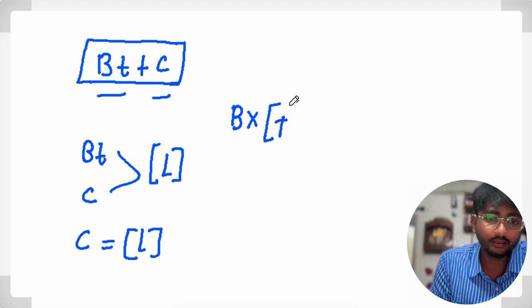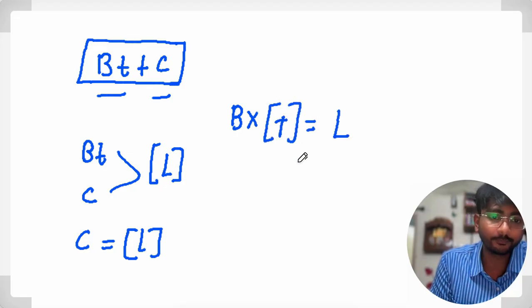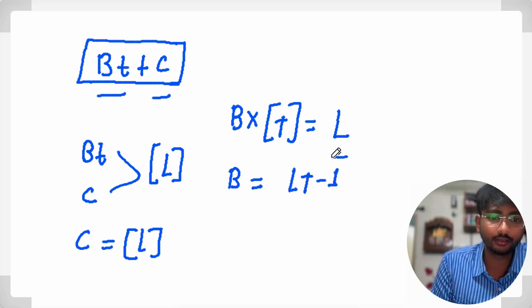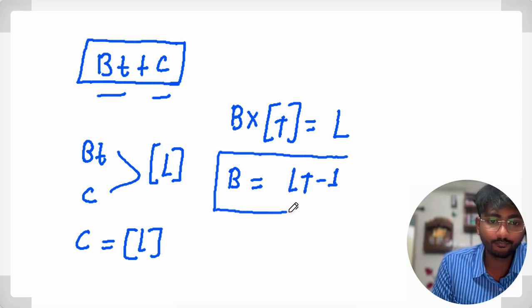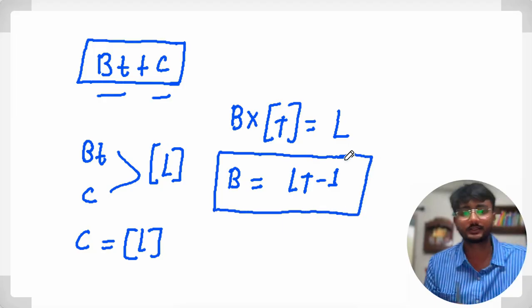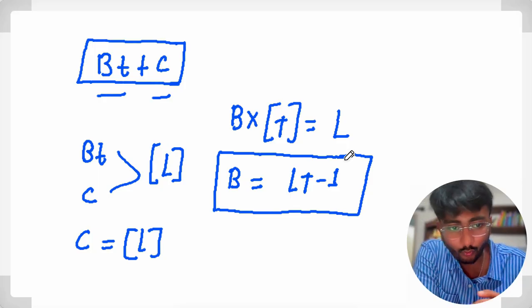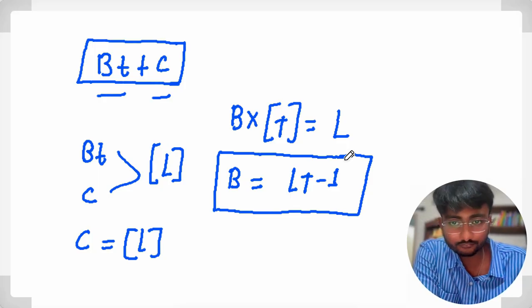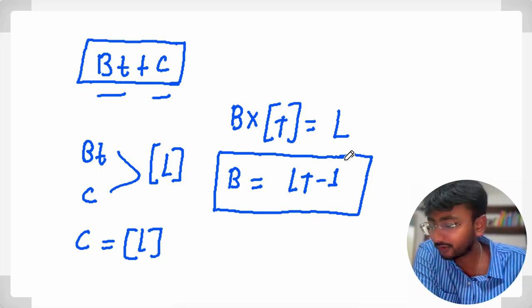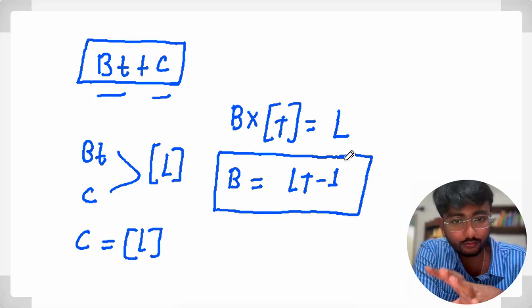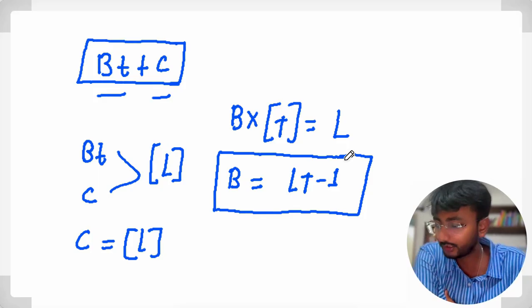B into t equal to L. So the dimension of b will be L t to the power minus 1. So this is the way to calculate the dimension of any quantity, right? You can calculate it by this formula.